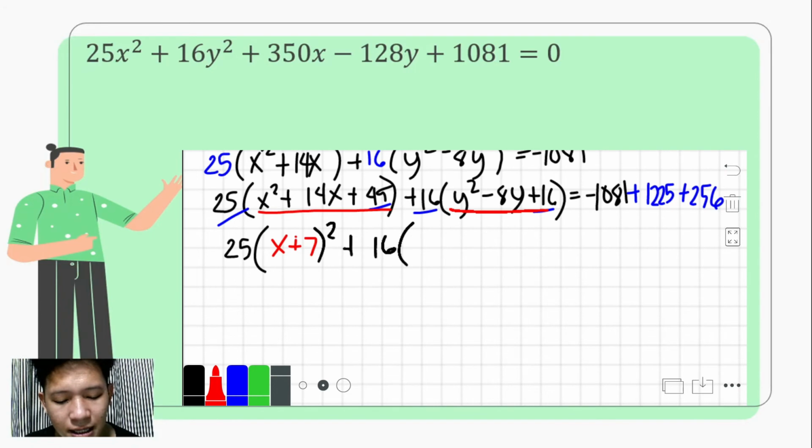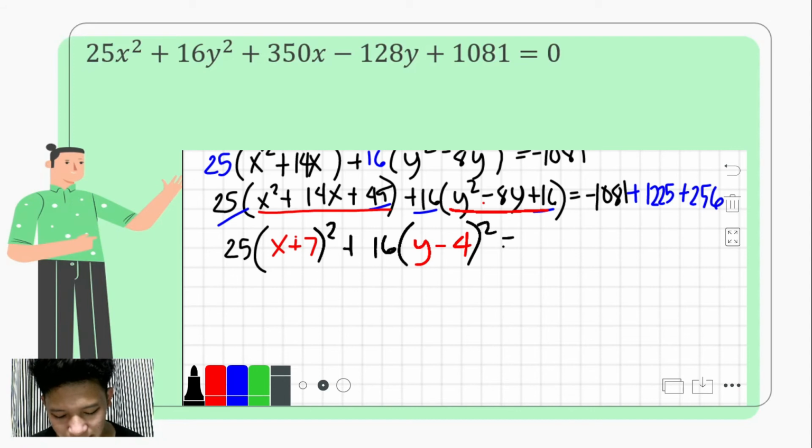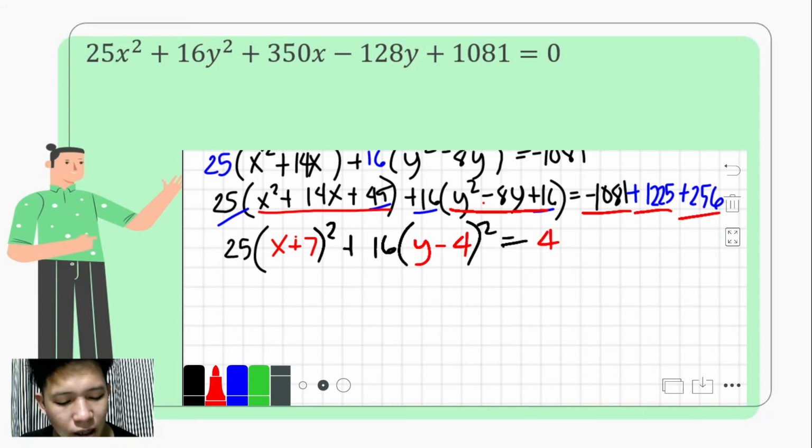So that would be y, since minus, we have minus 4 squared. Okay, equals. So this will be negative 1,081 plus 1,225 plus 256. And that would actually be equivalent to 400.